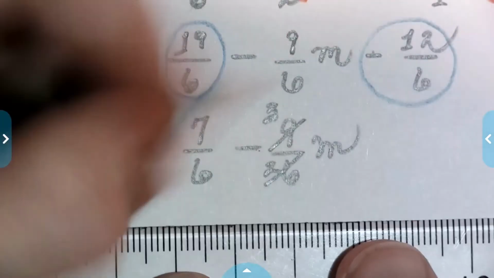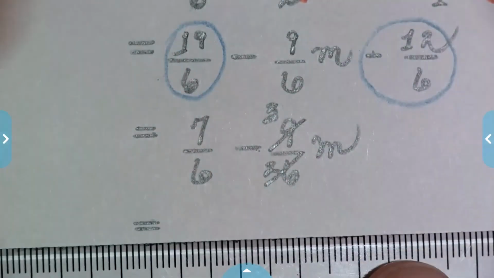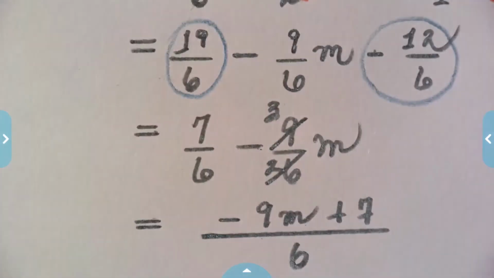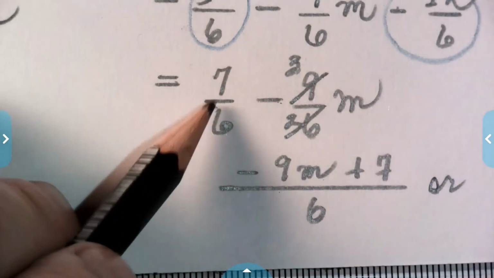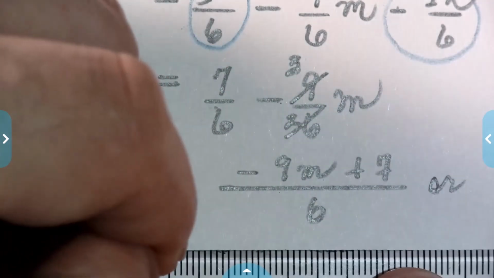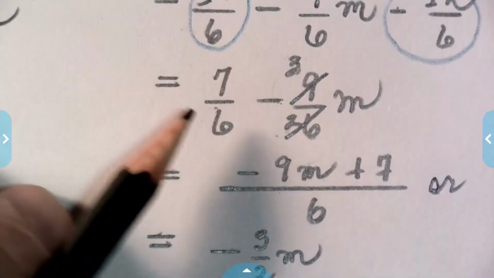So there's two ways to write this, right? You could have either written it as -9m plus 7 all over 6, or I think the better way is to leave it broken up like this and write it as -3/2m plus 7/6.